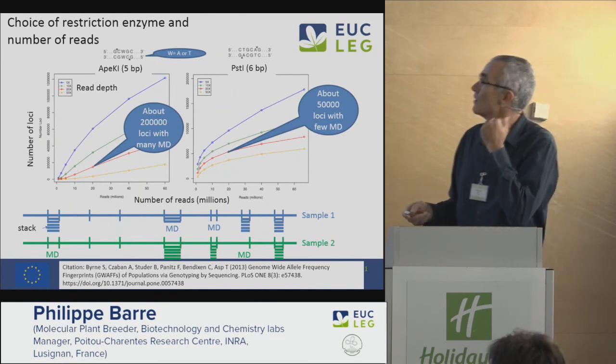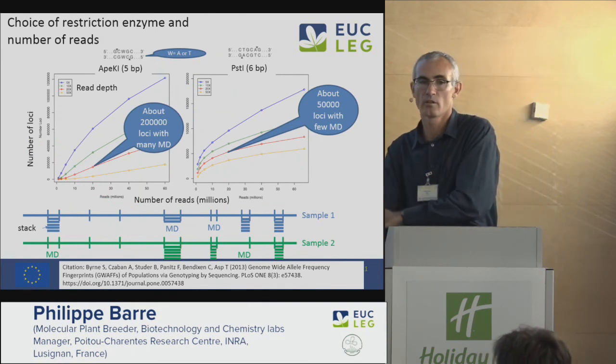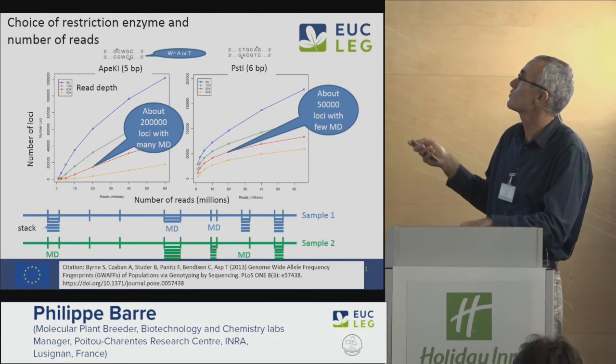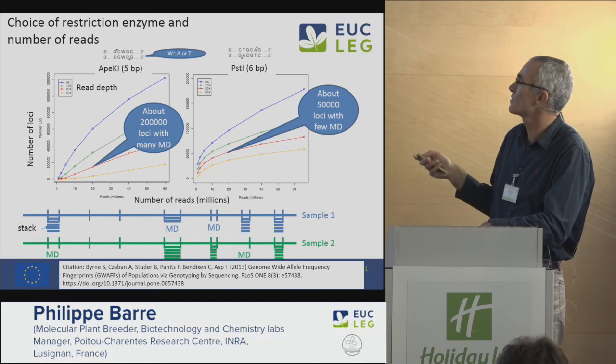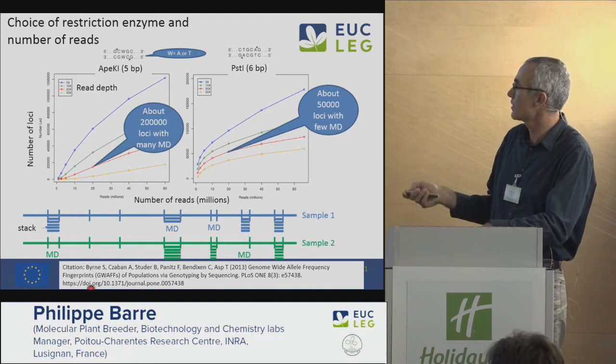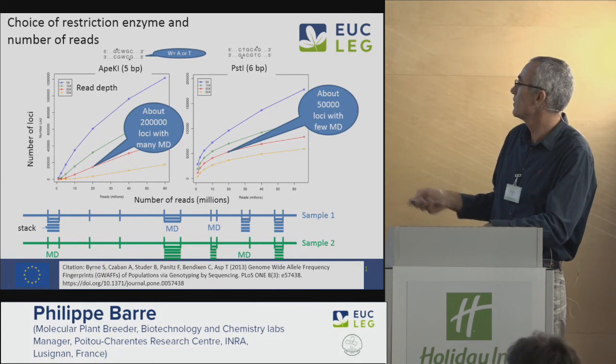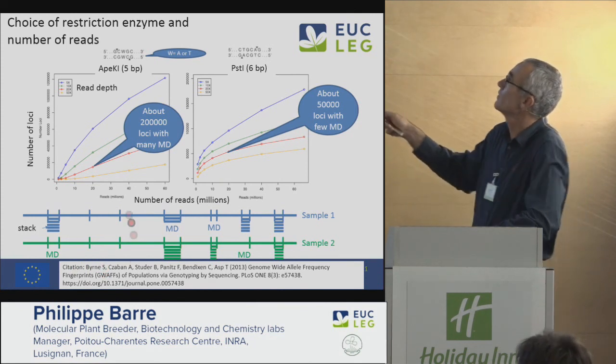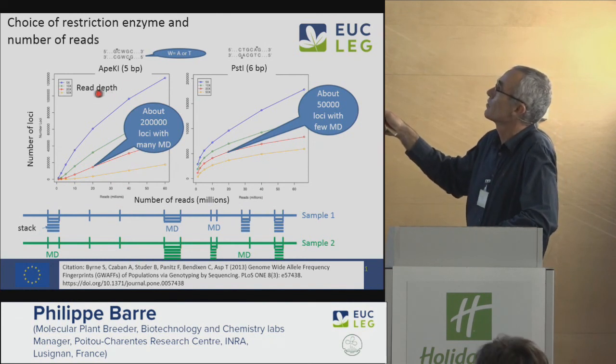Now, I'll give you some information about the choice of the restriction enzyme and the number of reads. So this is from an article from Byrne et al., 2013. It's on perennial ryegrass, and this is with ApeKI.